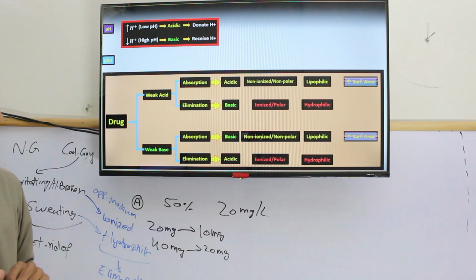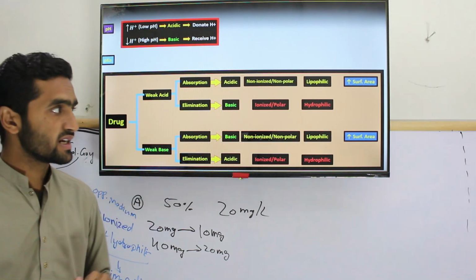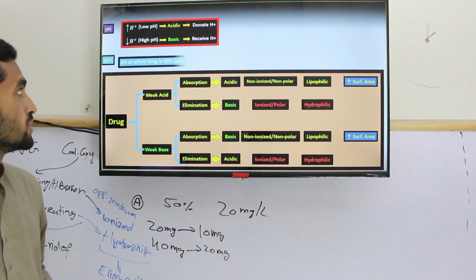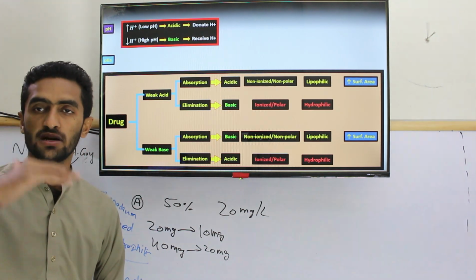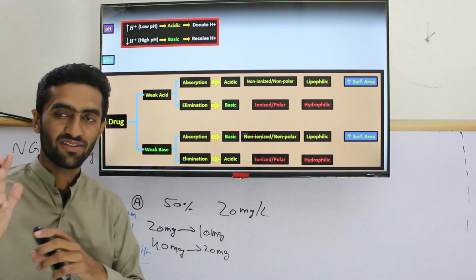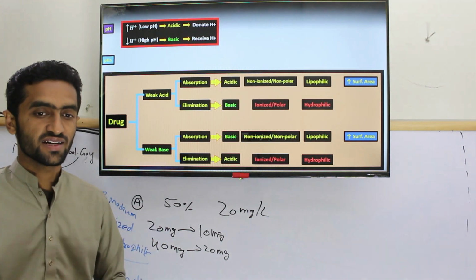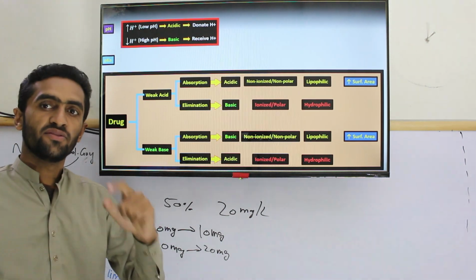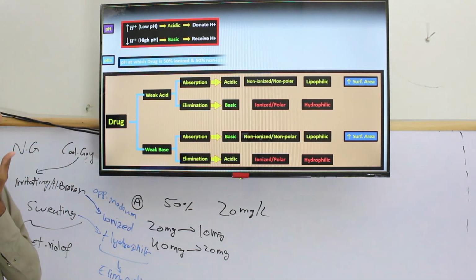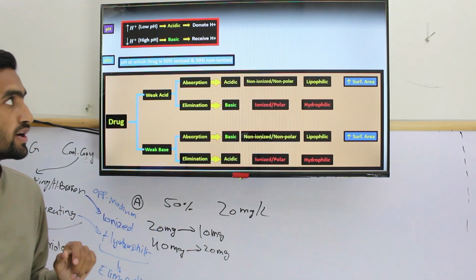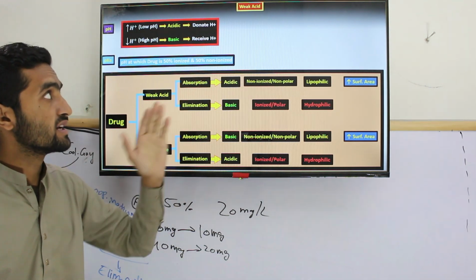Surface area also helps the absorption. So what is pK? pK is the point where your drug is 50-50: 50% ionized, 50% unionized. That is pKa.